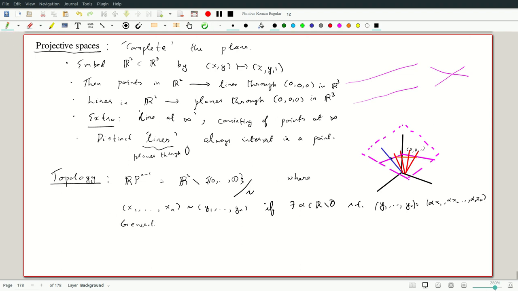Generally RP^n is equal to R^(n+1) by tilde, where R^(n+1) is going to be denoted as (x_0, ..., x_n).